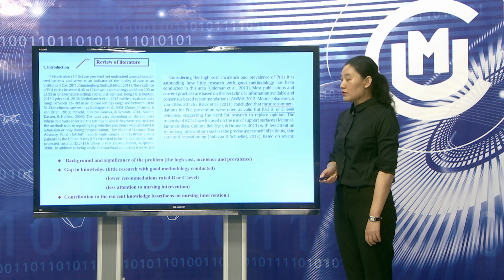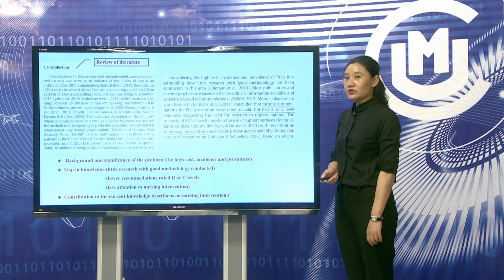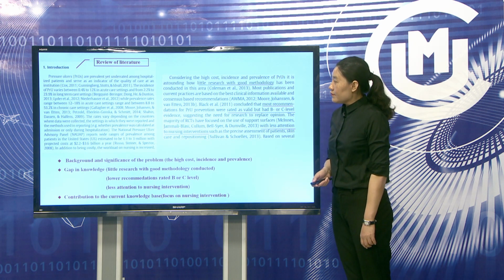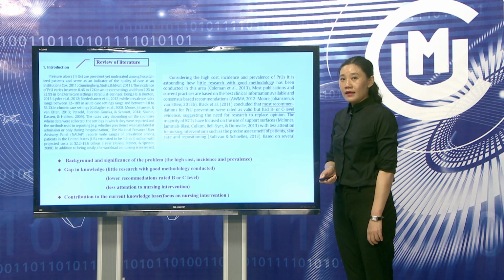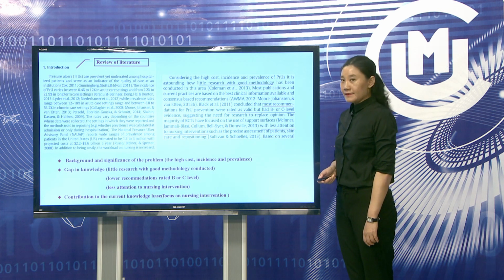In the background, epidemic characteristics of pressure ulcer and related information on pressure ulcers, such as stages and interventions used to prevent pressure ulcer, were stated.